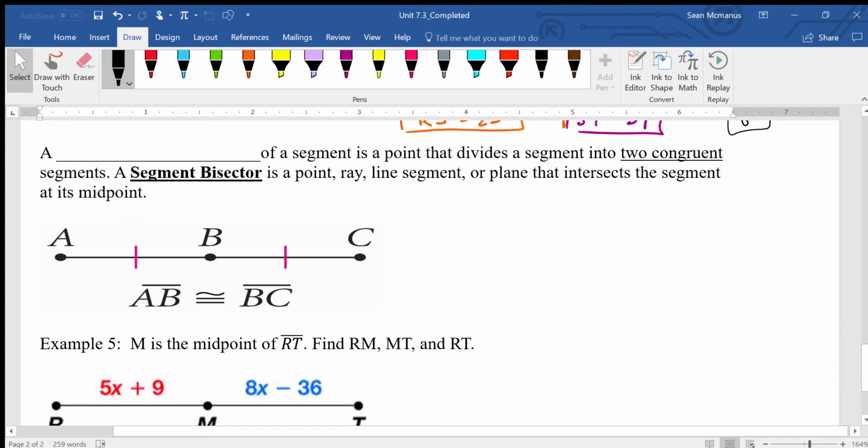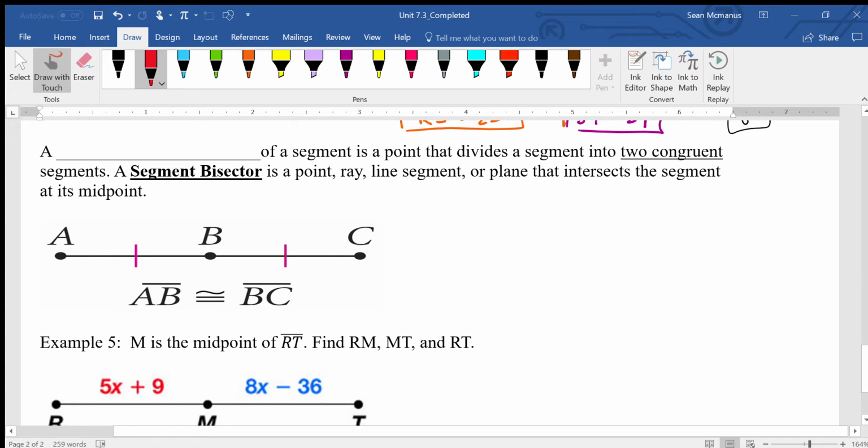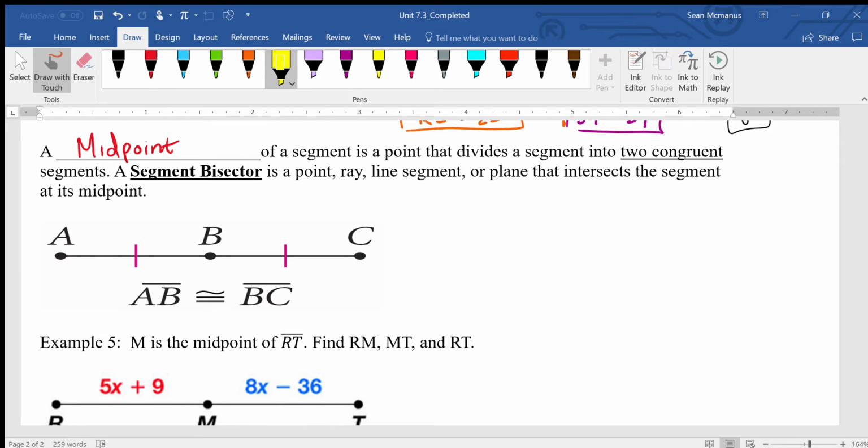And last one, the midpoint. The midpoint of a segment. So we talked a little bit on the previous problem, I kind of alluded to this. We said between just means it's going to be somewhere along the line between the 2 points, but a midpoint means it's going to be right in the middle, and it's going to divide our segment into two congruent segments.